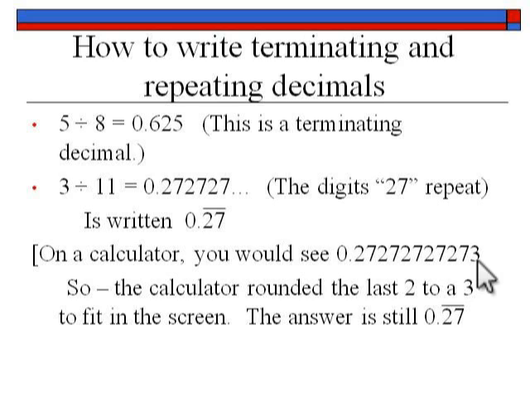It's a 3 because it knew that this was a 2, but the next one that didn't fit was a 7, and so it rounded it up. So when you see something like that on our calculators especially, but possibly yours at home as well, you need to realize that that didn't just all of a sudden terminate and there's a 3 there. This really is a repeating decimal. And so you would still write it as 0.27 repeating.